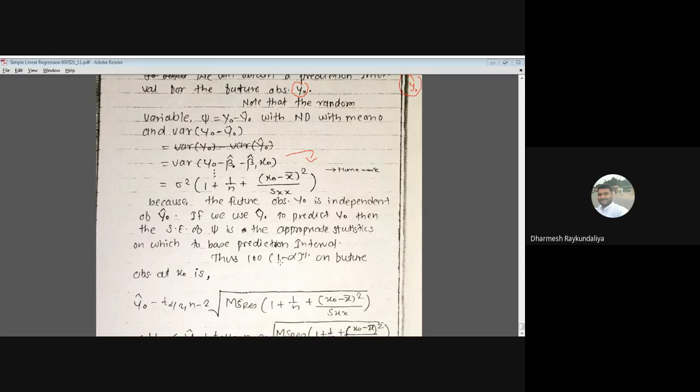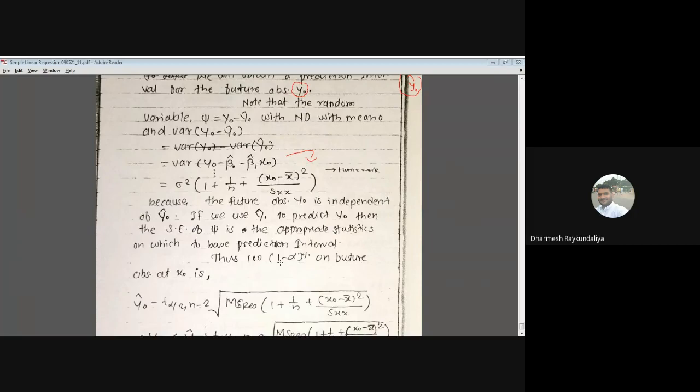But if you have more than one independent variable, let us say x1, x2, xp or xk are independent variables, and the relation between y and x1, x2, xk is linear in parameters, then such a model is said to be a multiple linear regression model. So simple means only one independent variable will be there, multiple means more than one independent variable will be there.